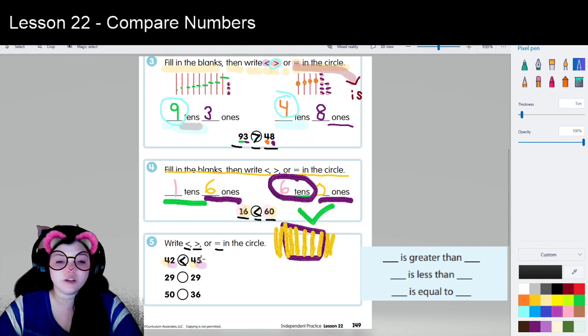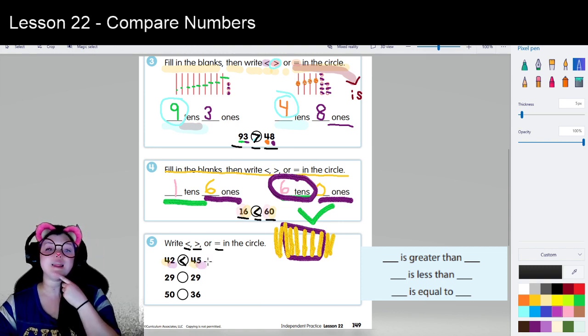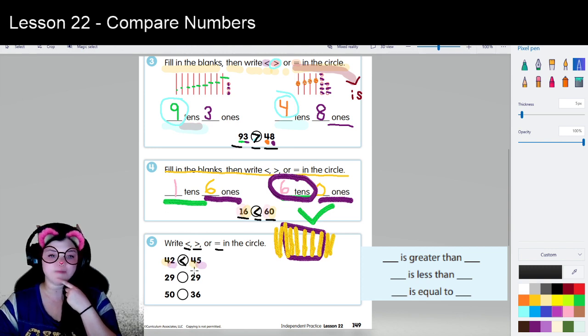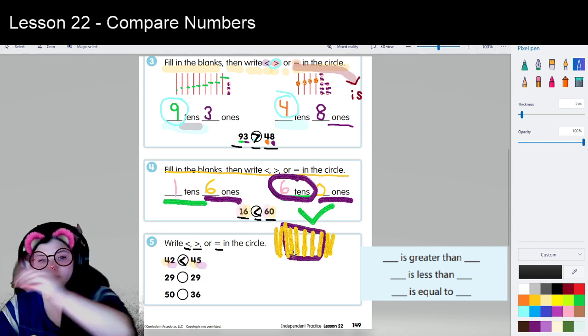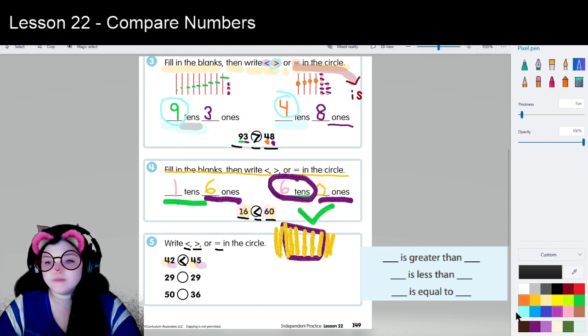So the alligator is going to point at the 45, and this means 42 is less than 45, because less than looks like an L, and our less than sign looks a little bit like an L. And it's going to chomp, chomp, chomp, the 45.